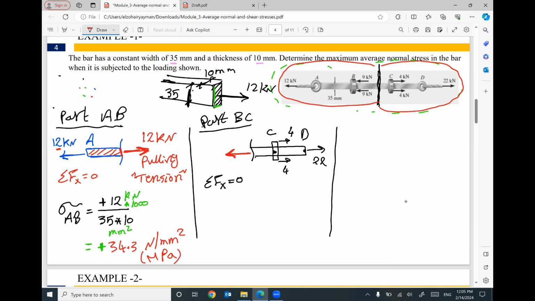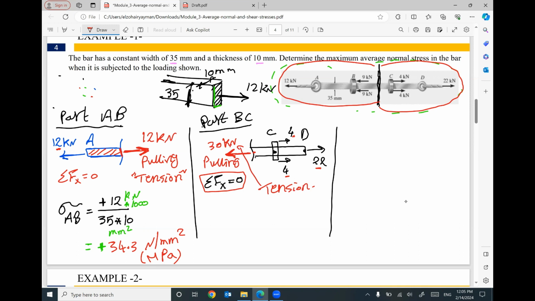This force will equal 30 kilonewton, to make sure this 22 plus this 4 plus this 4 equals 30. This force, in this position related to this cross section, is pulling, not pushing. It's pulling, that means it will be tension.